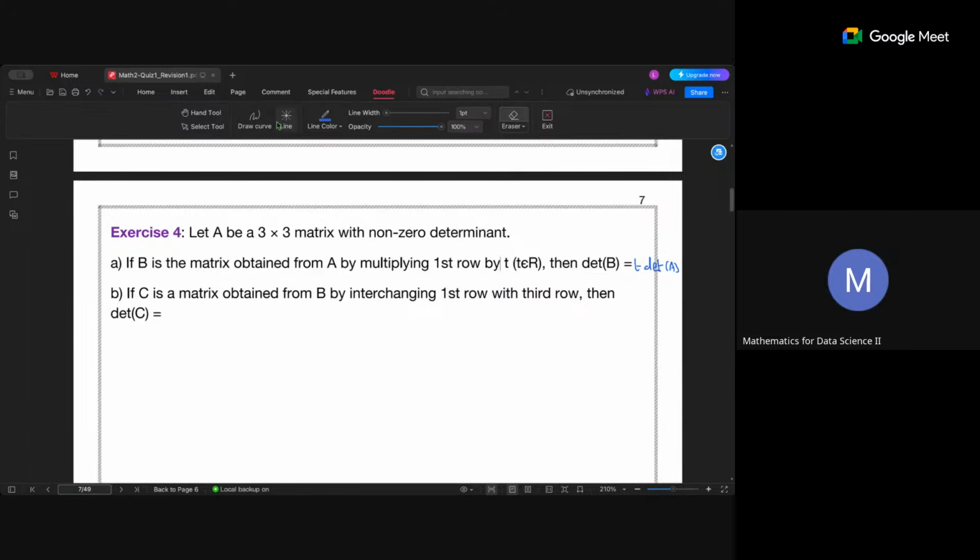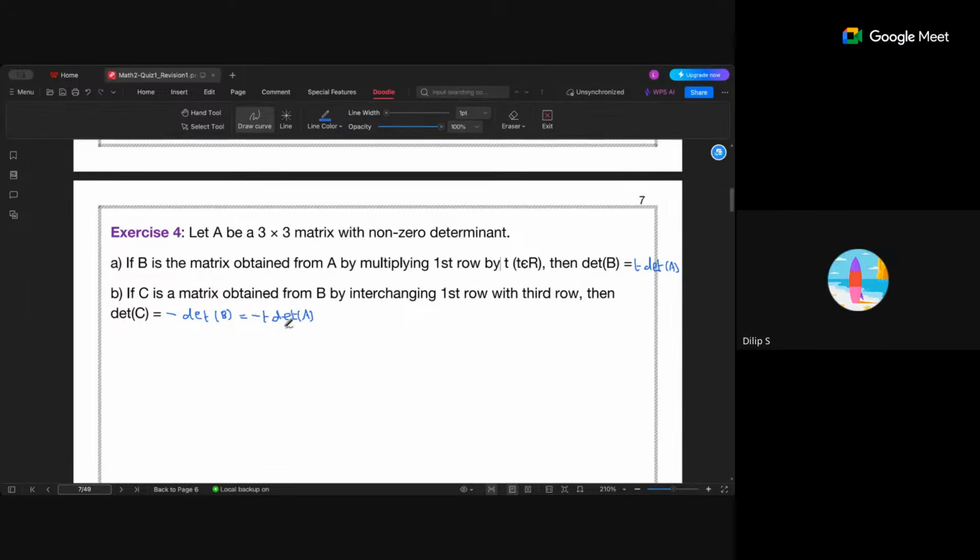Okay. What about this? If C is a matrix obtained from B by interchanging the first row with the third, the determinant gets a negative sign. Yeah, minus determinant of B, which is minus T times determinant of A.